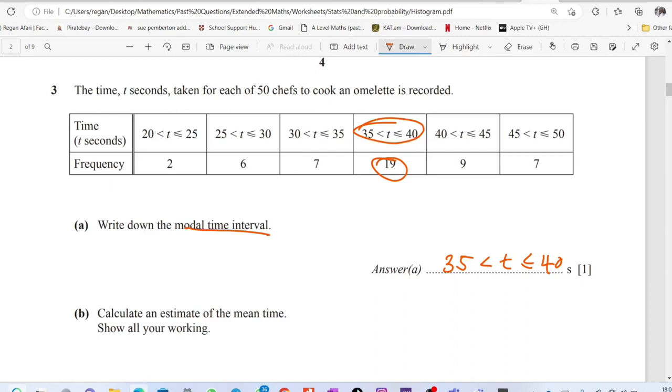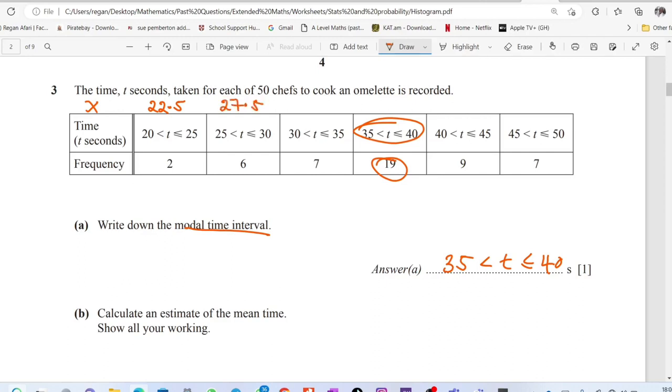But I want you to find a mean, right? So basically, you just want to go and find your x values, or call them midpoints. So you add the 25 to the 20, you divide that by 2, and that should give you 22.5. Then 25 plus 30, divided by 2, that should give you 27.5.